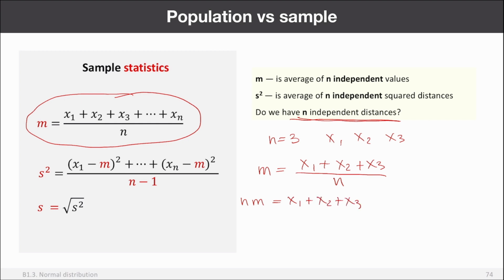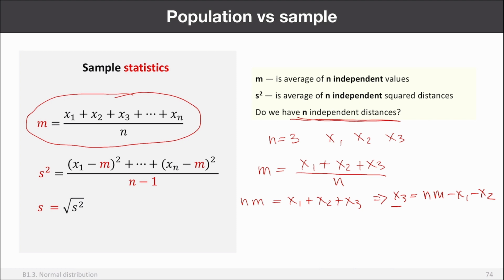Or you can rearrange it like this: x3 is n times m minus x1 and minus x2. So now you can see that if you compute m, now you can link. So m and the x values are not fully independent. Now, if you know m and the other 2 values, you can compute x3.